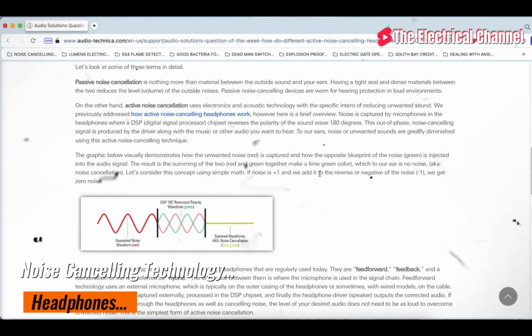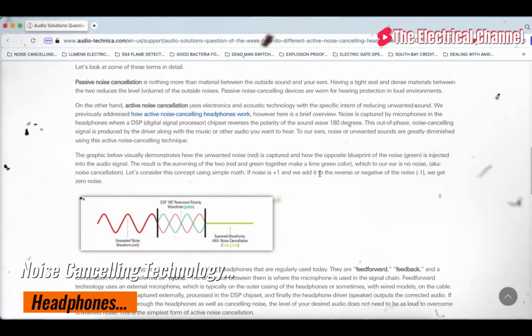This out-of-phase noise cancelling signal is produced by the driver along with music or other audio you want to hear. To our ears, noise or unwanted sounds are greatly diminished using this active noise cancelling technique.